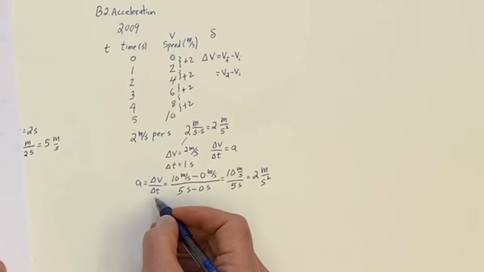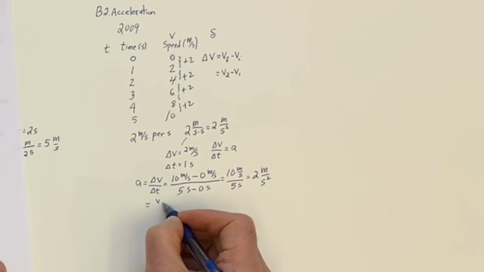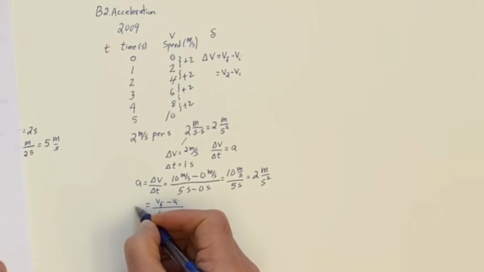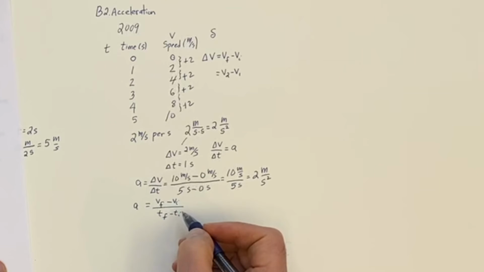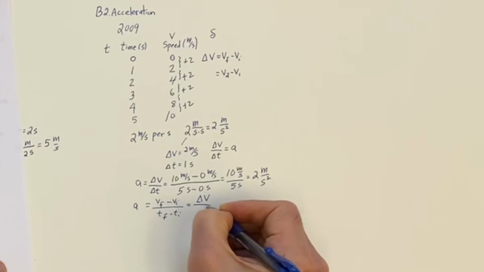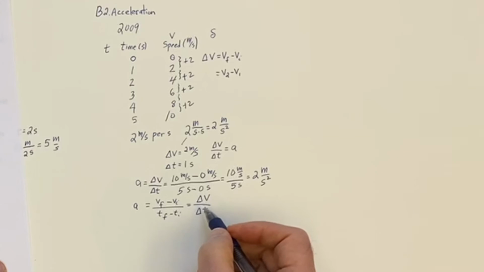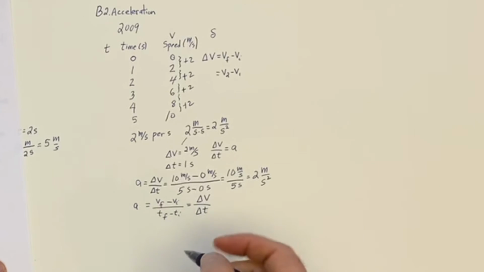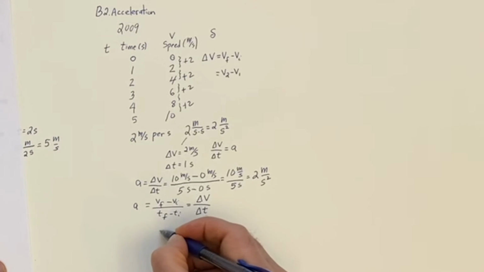So this general formula here, which we can write out as the final minus initial velocity over the final time minus initial time, is our acceleration definition. Now, what we would like to do with this is related to concepts in calculus, where you take the delta t to be smaller and smaller to get an instantaneous acceleration.